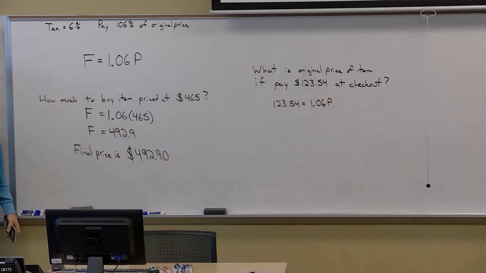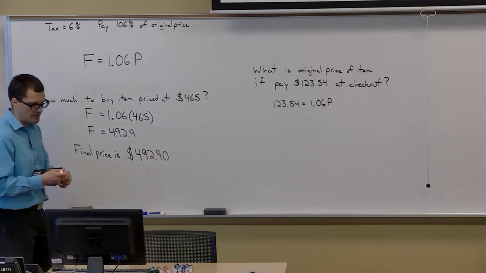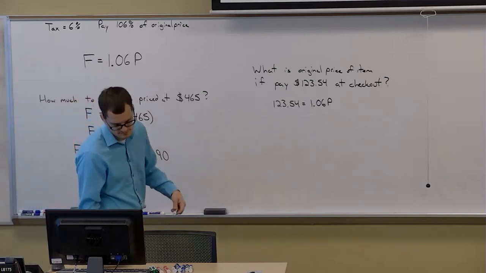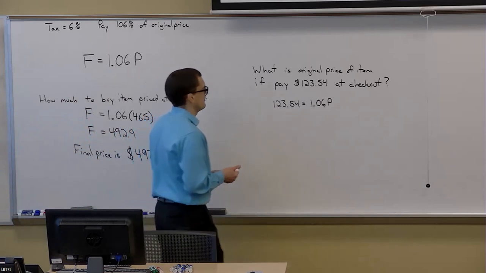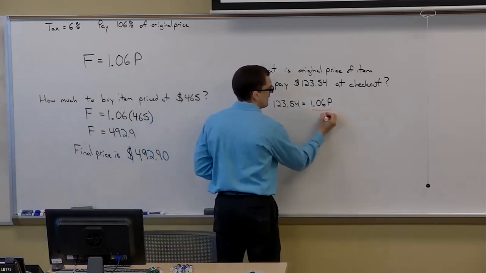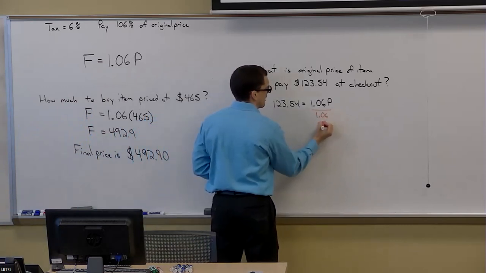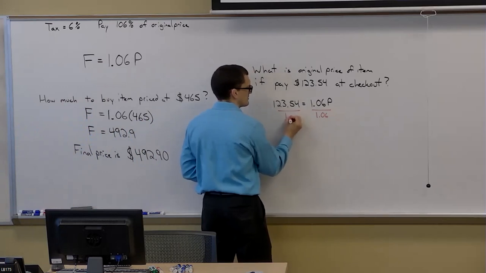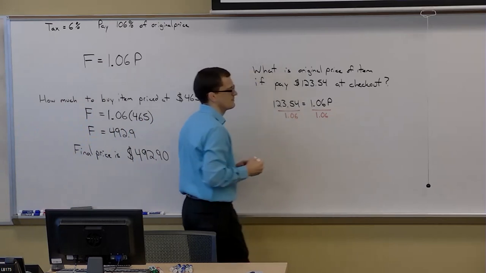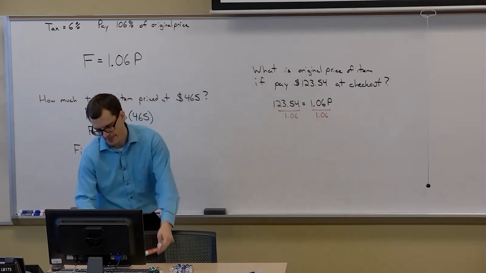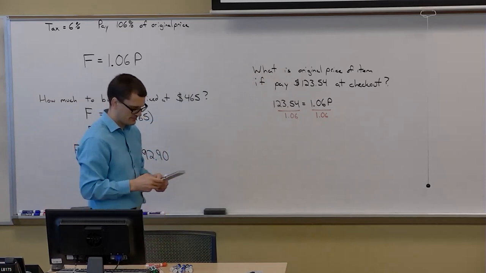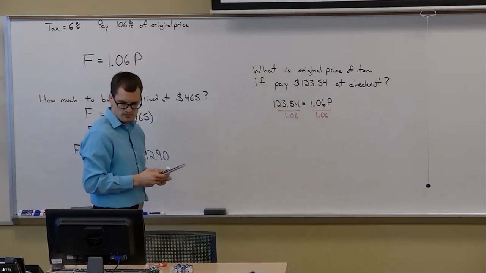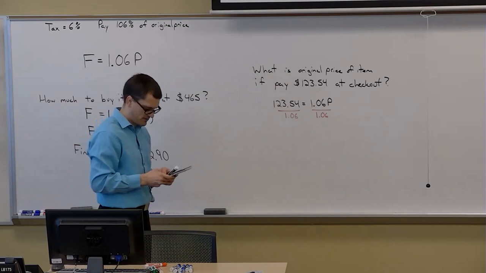And so I need to solve that equation for P. Now, in order to solve for P, we're going to take this equation and divide both sides by 1.06. $123.54 divided by 1.06.